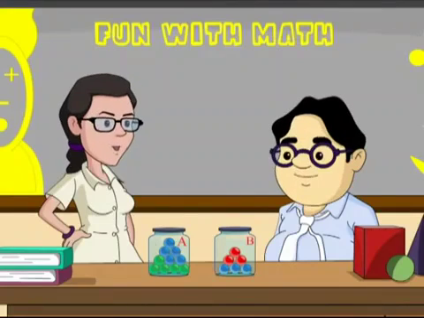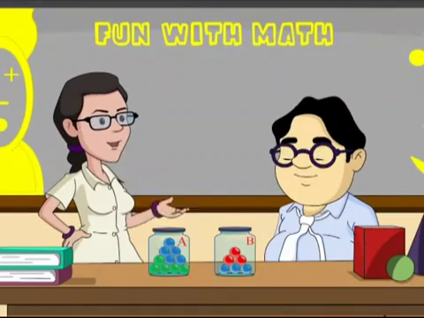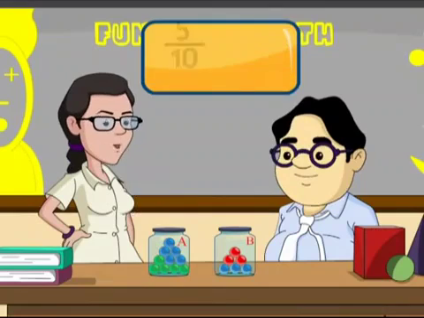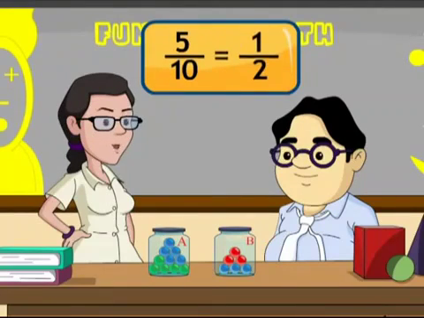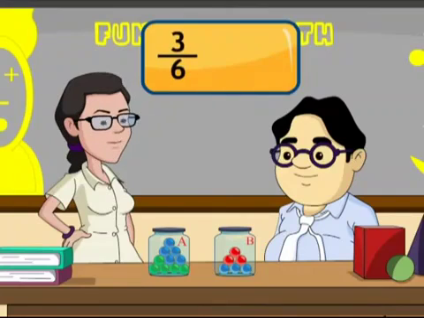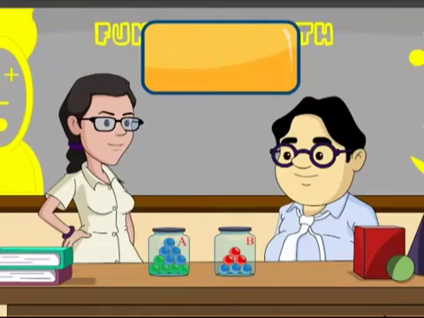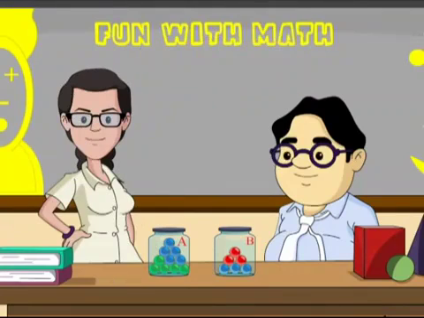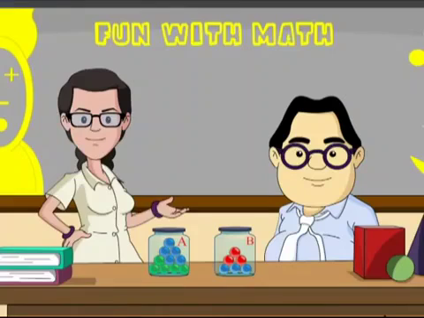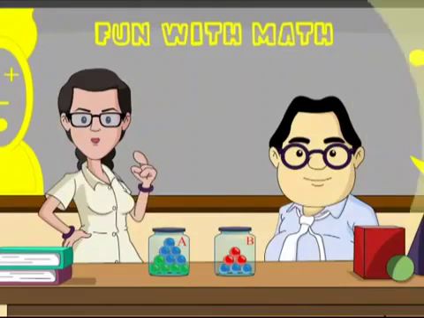In jar A, you have half balls in green, and jar B, you have half balls in red. If you simplify 5 by 10, it becomes half. And if you simplify 3 by 6, it also becomes half. That is equivalent fraction for you. Let's get to the virtual world to learn how to find equivalent fractions.